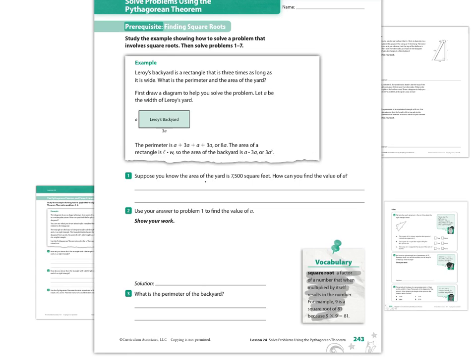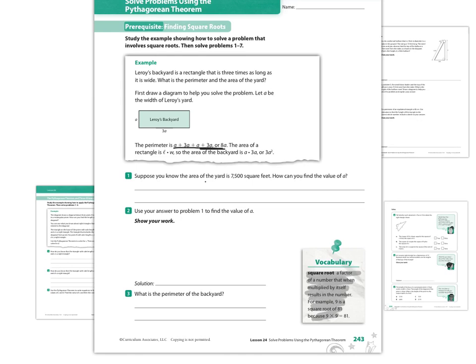Taking a look at this example, it talks about Leroy's backyard. It gives us the expression A for the width of the yard and 3 times A for the length of the yard. Goes on to show the perimeter. Perimeter is the distance around Leroy's backyard, represented by this expression.